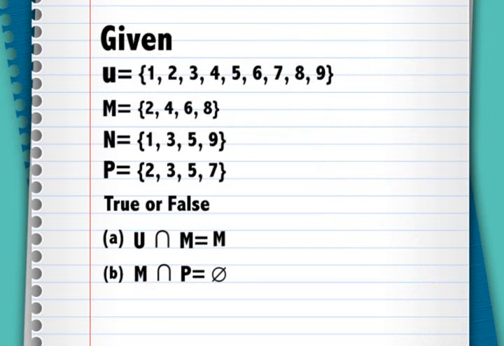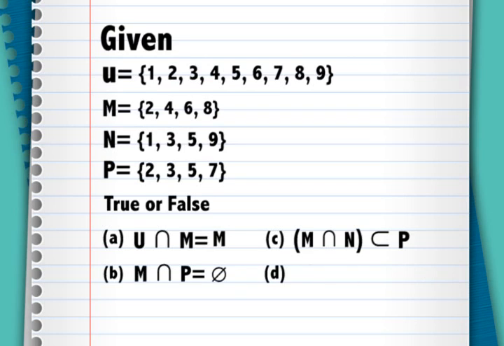We have C, M intersect N is a subset of P. Think of it, is that really true?